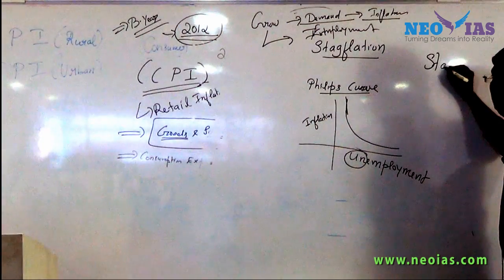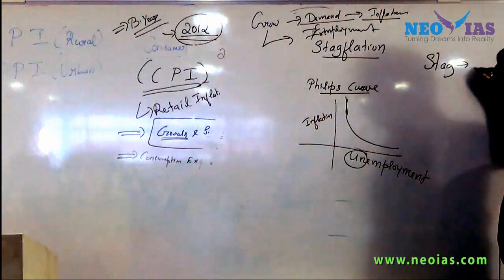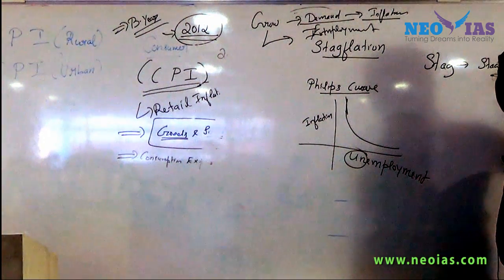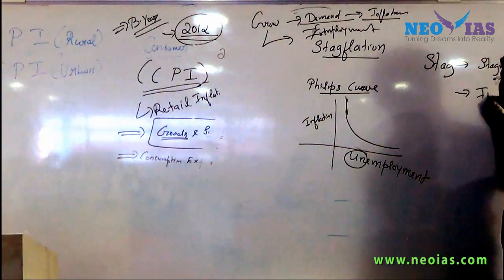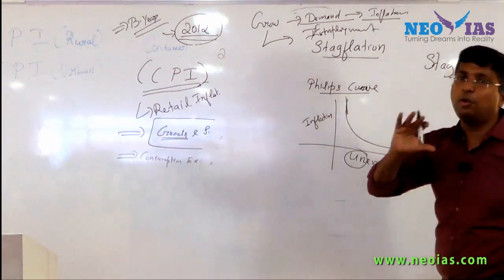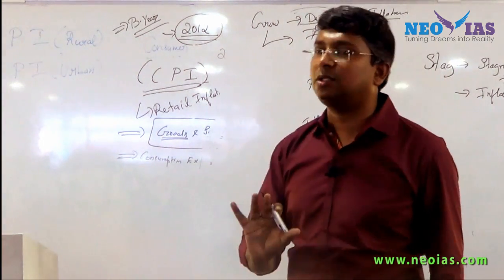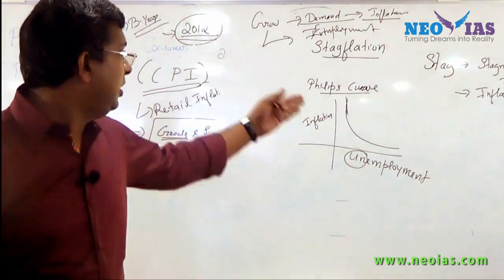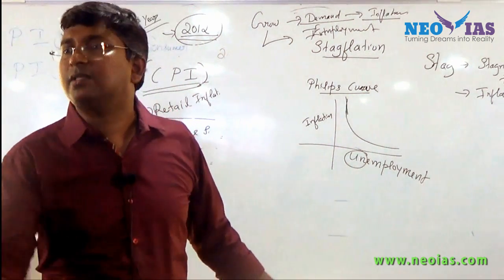Stagflation talks about two things. Stag means stagnation. It's a combined word: stagflation is stagnation plus inflation. What is stagnation? The economy stagnating. There is no economic growth. If there is no economic growth, unemployment will be high. But at the same time, there is high inflation also.